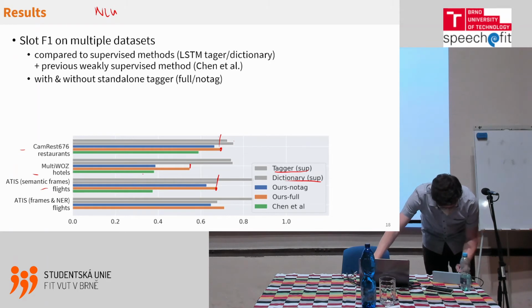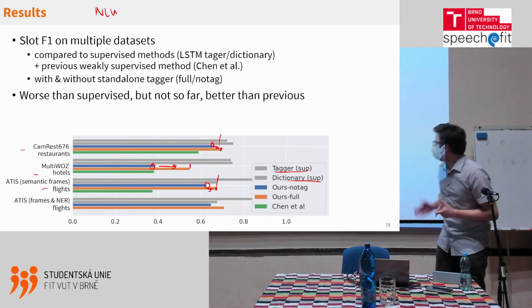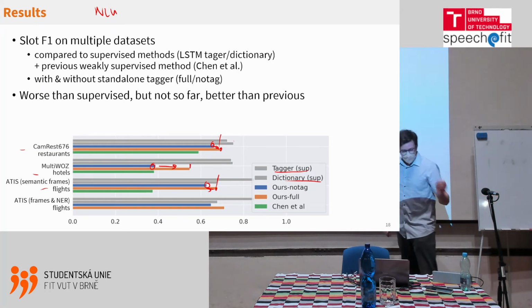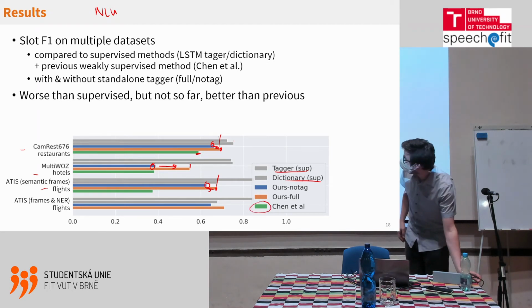And you can also see that if you don't use the tagger with this rule, you're typically doing worse. So you get some improvement from using the tagger. Obviously, it's in general worse than having the supervision and the actual annotation, but it's better than the previous unsupervised method, which is the one here in green.